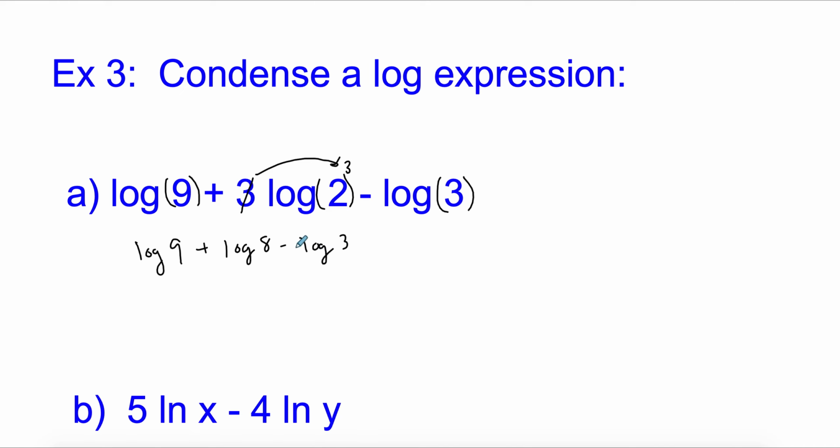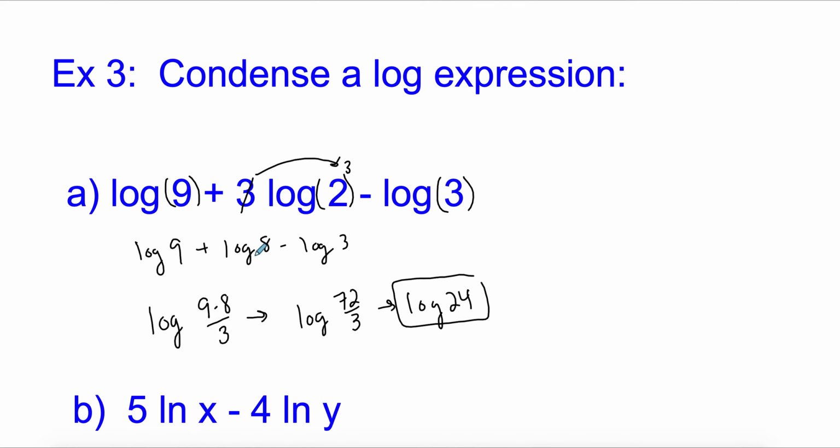Now we're just going to go from left to right using our properties of logarithms to put them together. So plus turns into multiply, minus turns into divide. So it'd be log of 9 times 8 divided by 3, which would be log of 72 over 3, which turns into 24, log of 24.